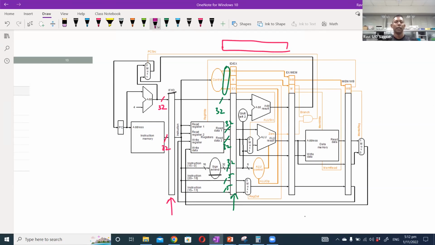For example, I can group them and say this 5 bits come here, this 5 bits come here, this 3 bits come here, and so on. That will be one register that holds all these control signals plus other signals that don't add up to 32 bits. That is one possible implementation.